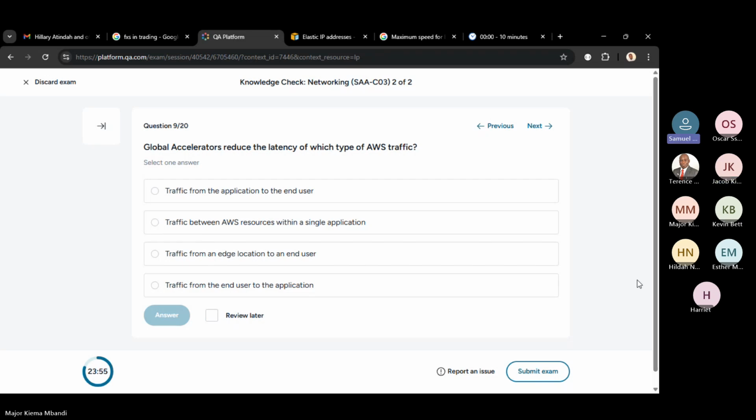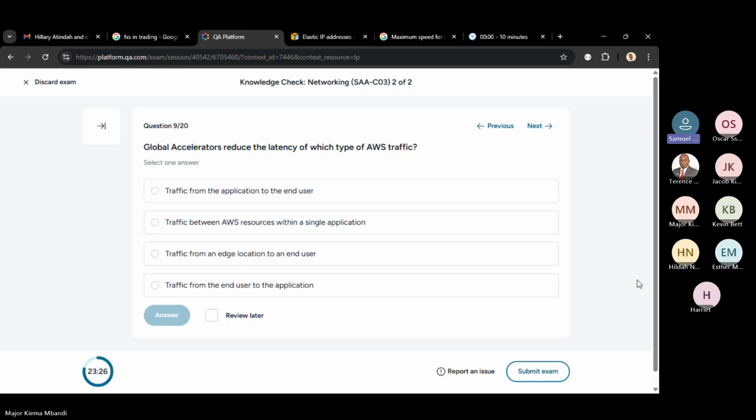Global Accelerator reduces the latency of which type of AWS traffic? A. Traffic from the application to the end user. B. Traffic between AWS resources within a single application. C. Traffic from edge location to an end user. D. Traffic from the end user to application.